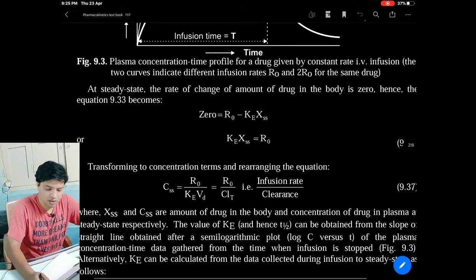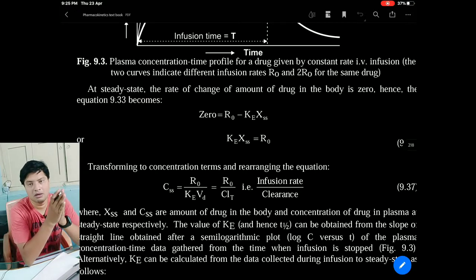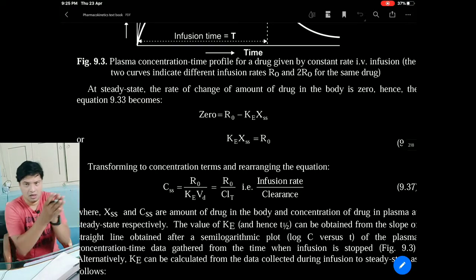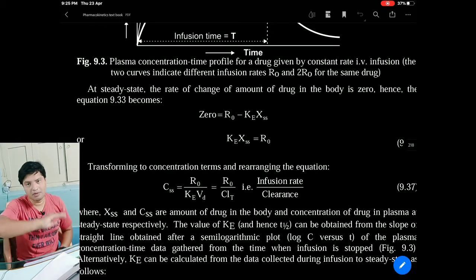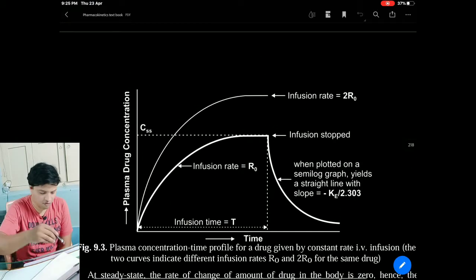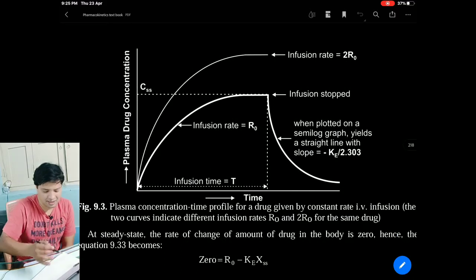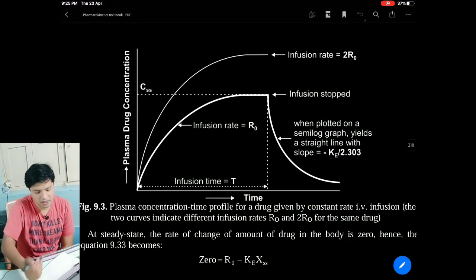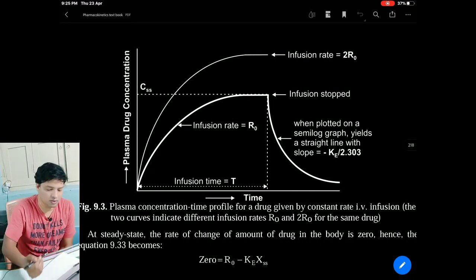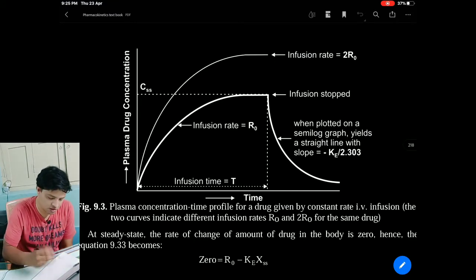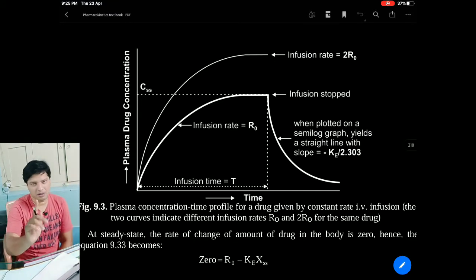So now we will see how to get the equation for steady state. What we saw is that I am giving the infusion continuously. See here, this graph is representing 2x rate of infusion. That upper graph is for 2x rate of infusion. We will concentrate on x rate of infusion at a particular rate.